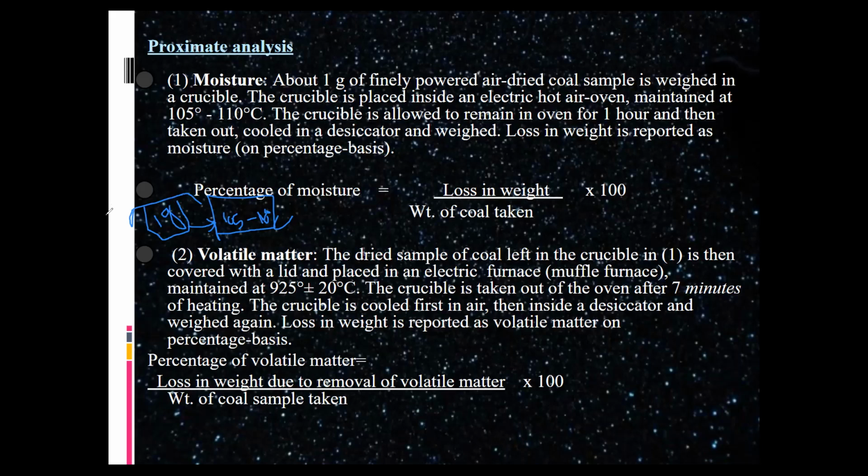So when you remove the lid, all the volatile matter is removed, and we get a lower weight for the silica crucible. From the loss of weight, we can find the percentage of volatile matter. Percentage of volatile matter is equal to loss in weight due to removal of volatile matter divided by weight of coal sample taken, into 100.